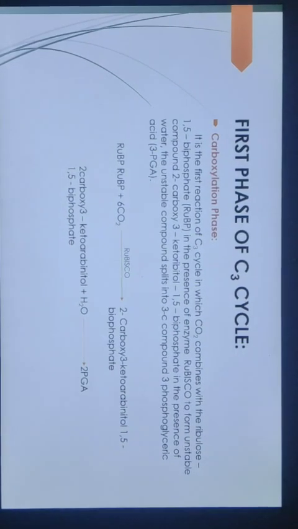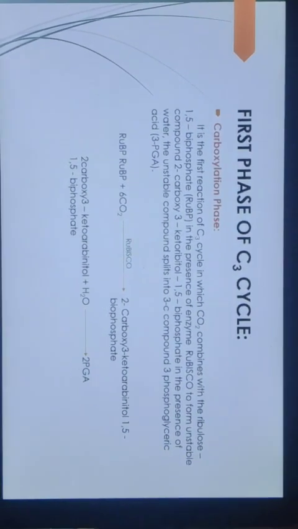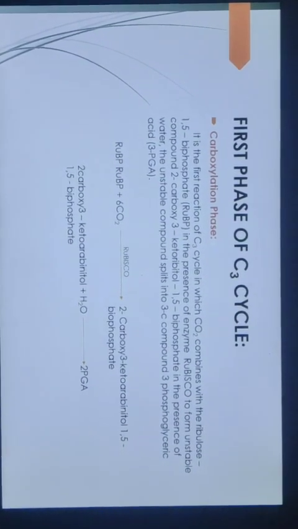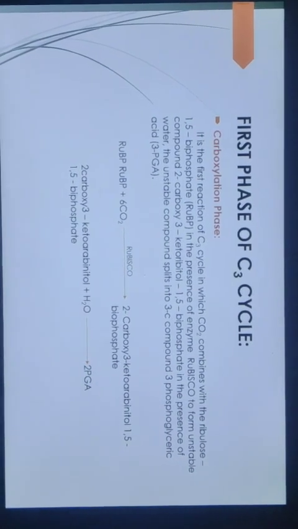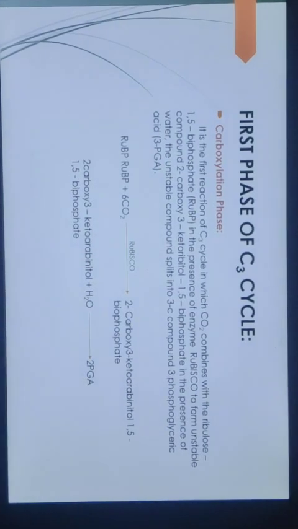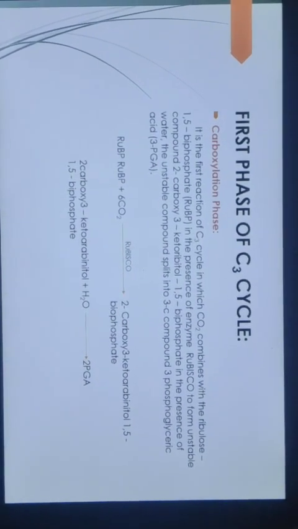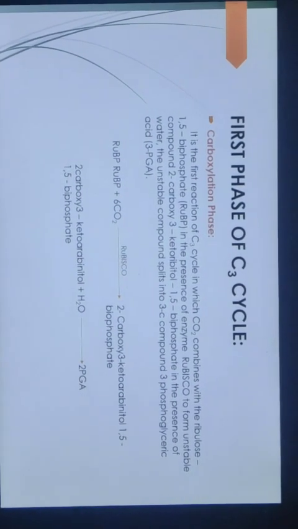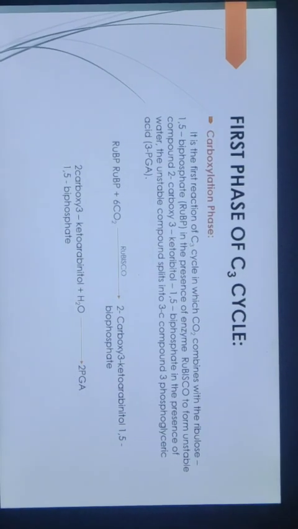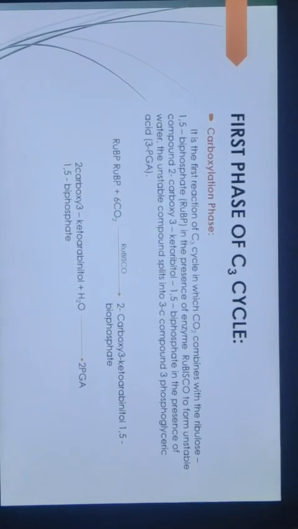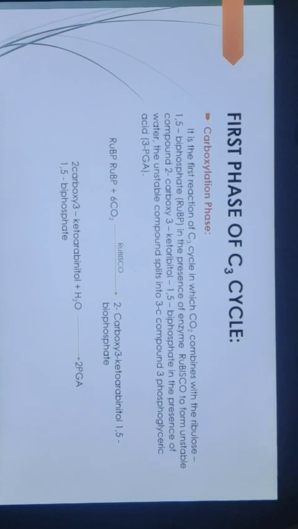It is the first reaction of the C3 cycle, in which carbon dioxide from the atmosphere combines with the compound ribulose 1,5-bisphosphate, that is RuBP, in the presence of the enzyme Rubisco, to form an unstable compound, 2-carboxy-3-keto-arabinitol 1,5-bisphosphate, in the presence of water.